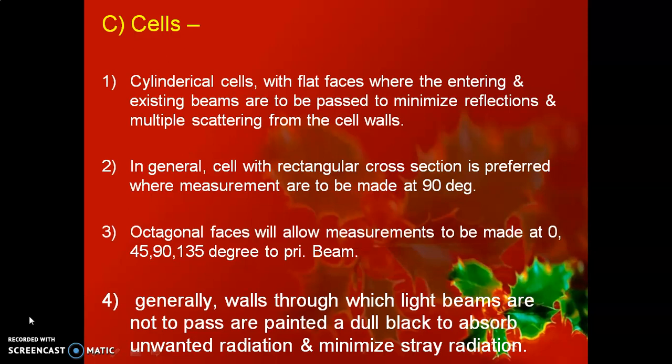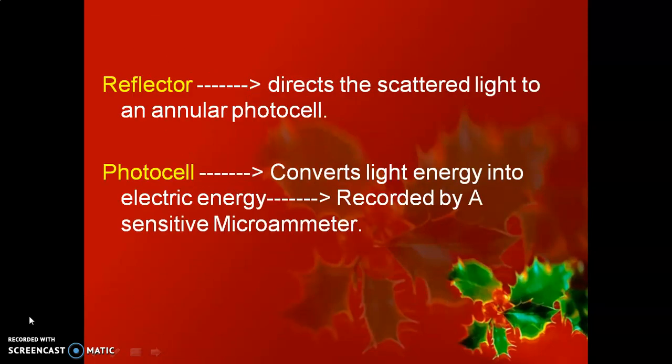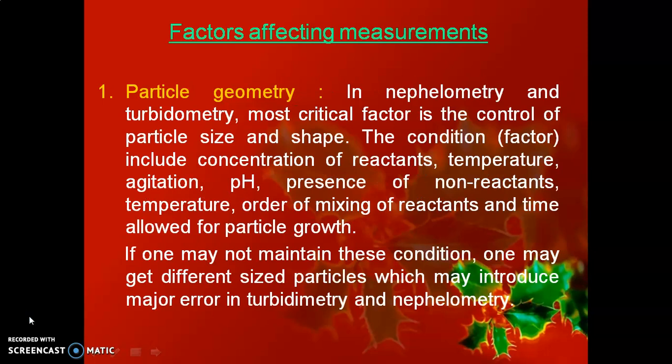Generally, walls through which light beams do not pass are painted dark black to absorb unwanted radiation and minimize stray radiation. A reflector is used, which directs the scattered light to the annular photocell. The photocell converts light energy into electrical energy, which is recorded by a sensitive micrometer.